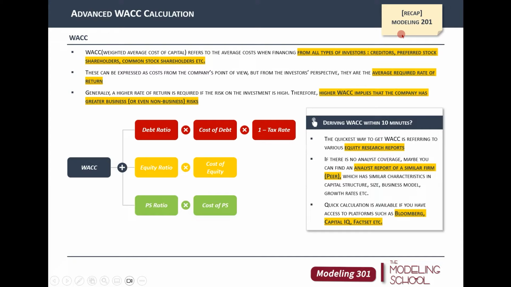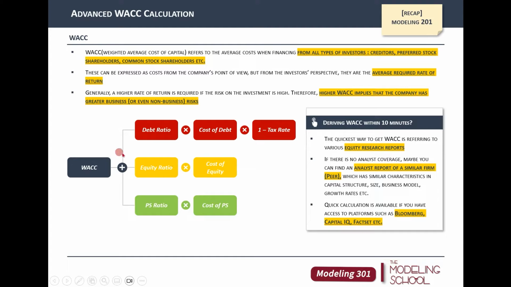So a little bit of recap from Financial Modeling 201. Weighted average cost of capital, we refer to the average costs when financing from all types of investors, whether you finance your capital from debt, equity, or preferred equity.